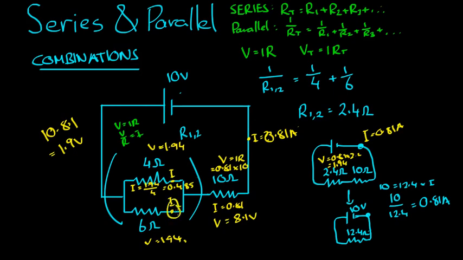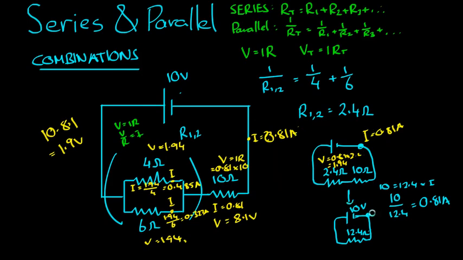And this current value down here, that's in amps by the way, is equal to 1.94, the same voltage over a different resistance, and I have that is 0.323 amps.